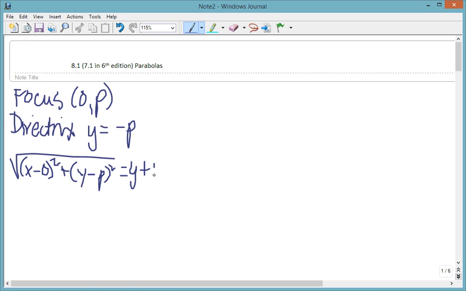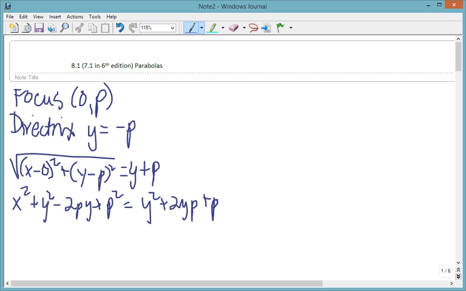Okay, now, if we square both sides and simplify this out, we will get, I'll square this side. So you see that the p squareds will cancel each other out. The y squareds will cancel each other out.